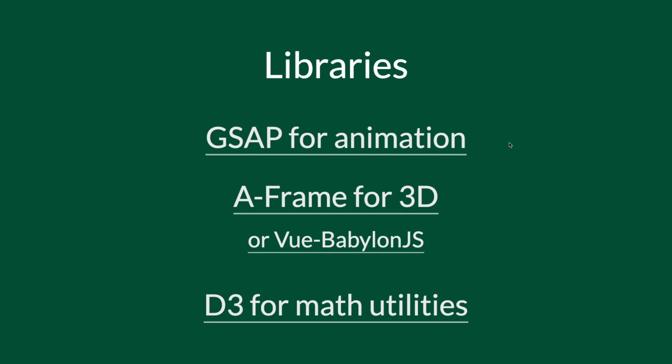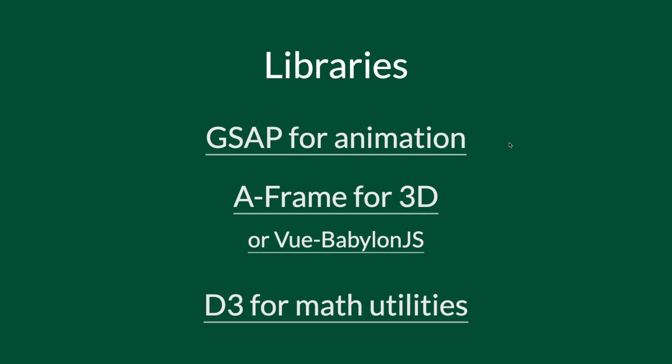But the nice thing about it is with modern versions of D3, I think starting with D3 4, you can actually use just the math utilities. You know, they're in separate Git repositories, and you can pull those in to do the math, and you can still do the rendering with Vue or React or whatever you're already using.